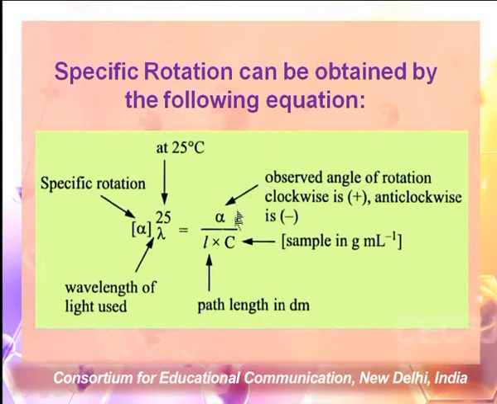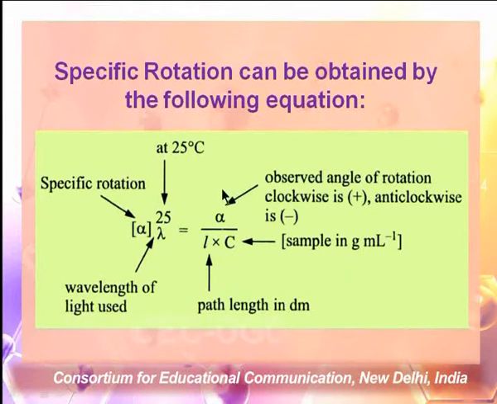We have the concentration, and please remember concentration will be measured in grams per ml. And then this is specific rotation. So this observed rotation, when we put it in a square bracket, indicates it is specific rotation. This is the temperature, which will be constant, and the wavelength is also constant.